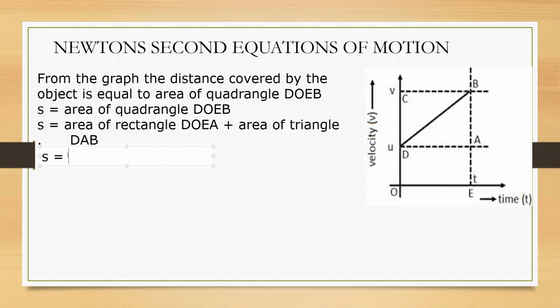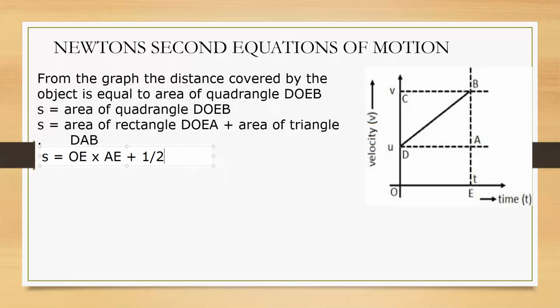That is, S is equal to the area of a rectangle, which is length into breadth. Length is OE from the graph and breadth is AE, plus the area of the triangle, the formula for which is half into base into height.